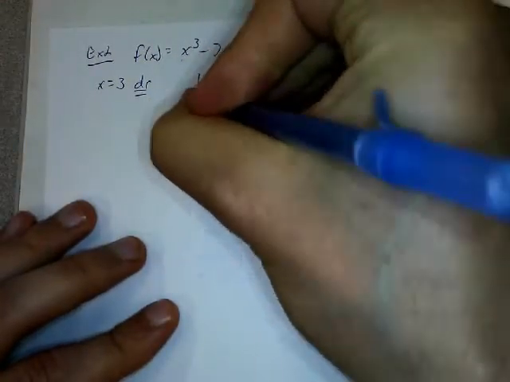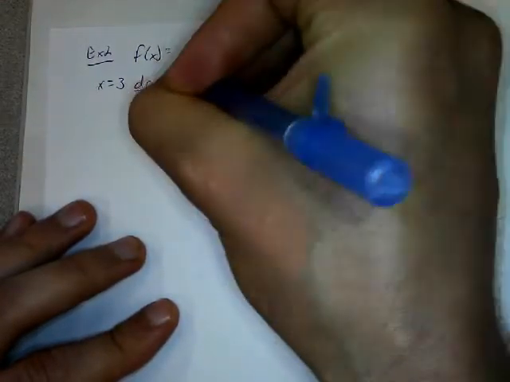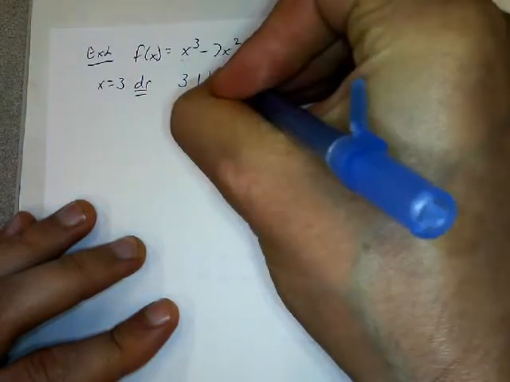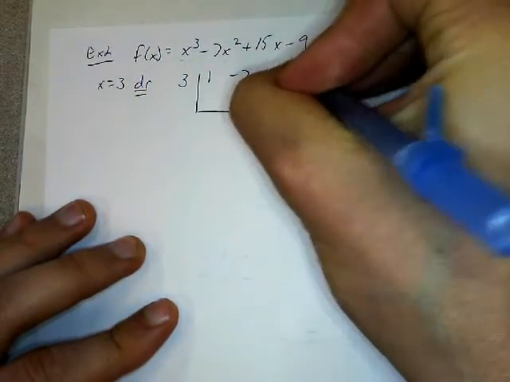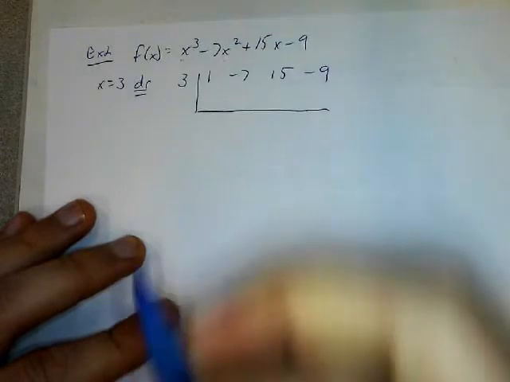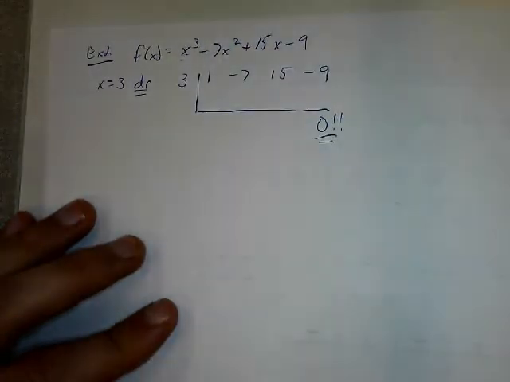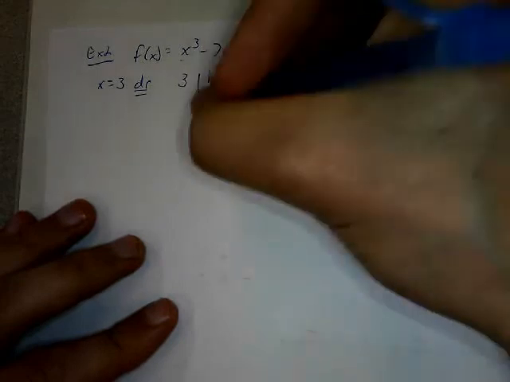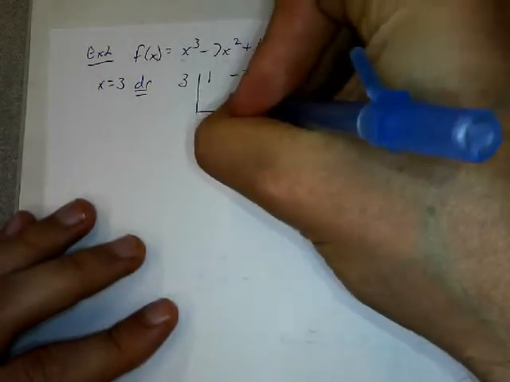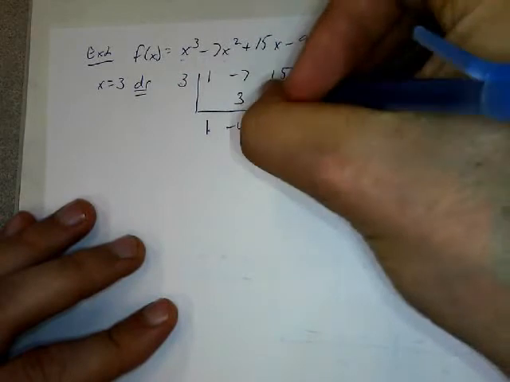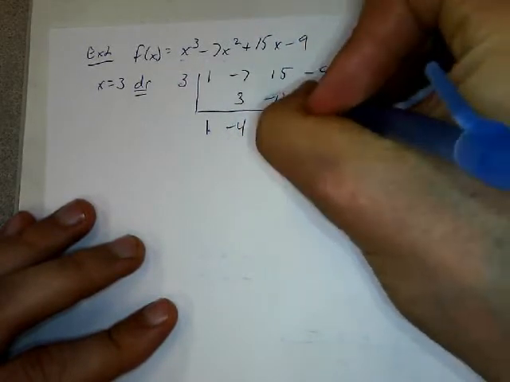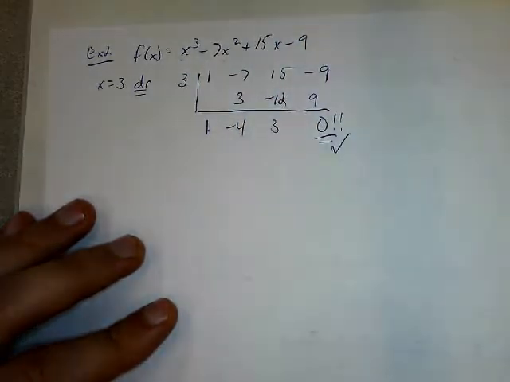So if you know that's a double root, we can plug it in right away. Plug in 3, with 1, negative 7, 15, negative 9 up top. If it's a root, this better be equal to 0. If not, we're in trouble. So 3 times 1 is 3, negative 4, negative 12, 3, 9, we got 0, it checks out.